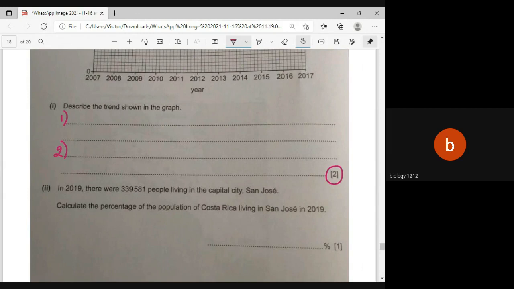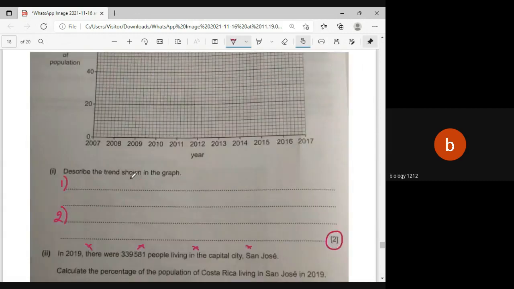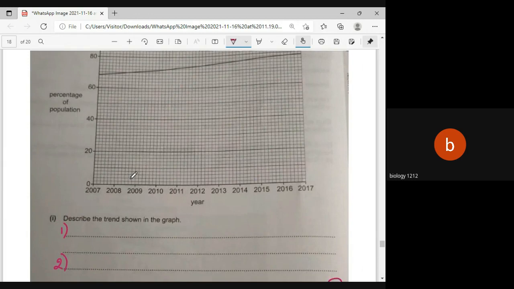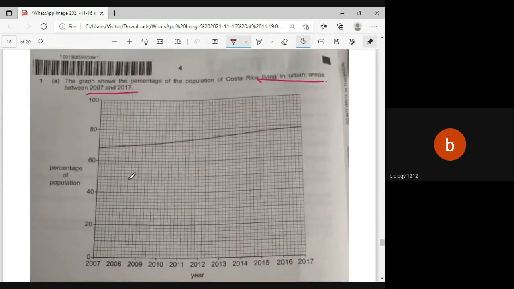If you write anything beyond the space, they will not accept it. Don't write anything in the empty spaces. Wherever the cross marks are, don't write anything there. Try to complete your answer within the provided space.